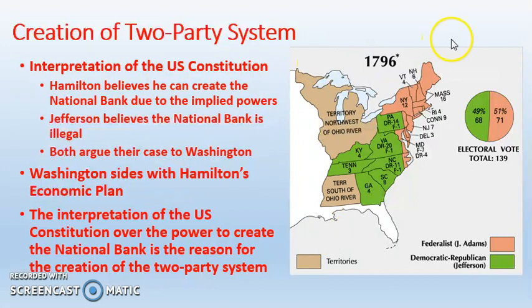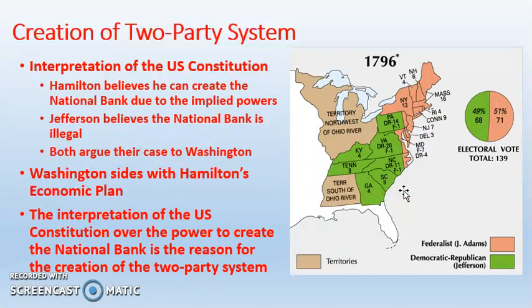When you look at this two-party system, here is the election of 1796, and in 1796 you've got John Adams, who is a Federalist, because this is the party that Hamilton creates. And you've got the Democrat-Republicans, who are being led by Jefferson. This is the political party he creates, vying for the presidency in 1796.